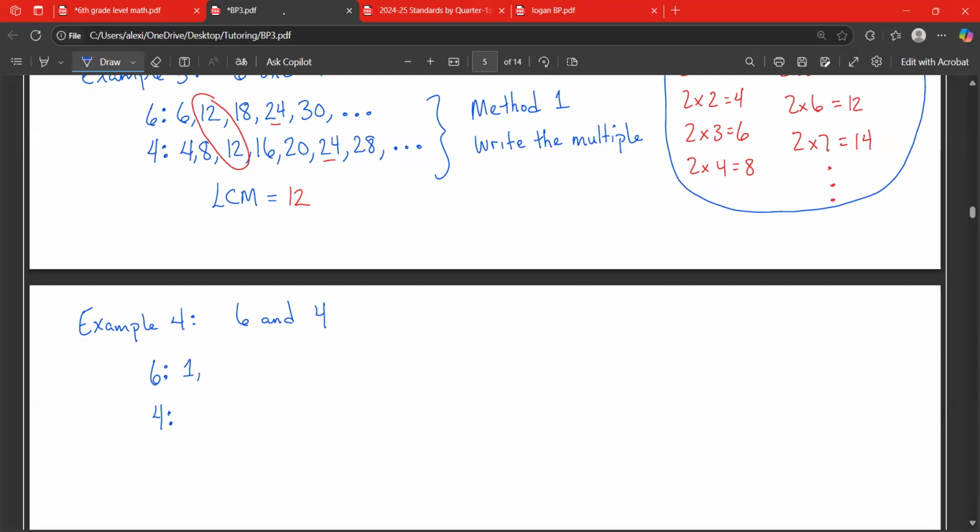So 1, 2, 3, and 6. Those are the factors of 6. And then I'll write out 1, 2, and 4. Those are the factors of 4. Now, this method may have been better if I wrote it like a factor tree. So don't erase anything. I'm just going to write it like a factor tree.